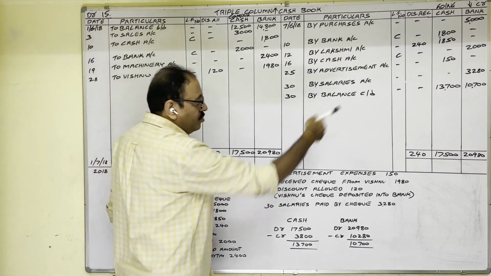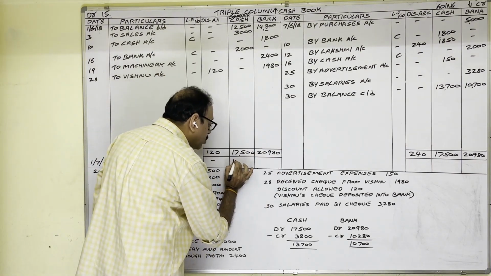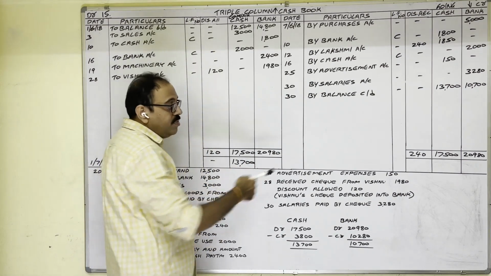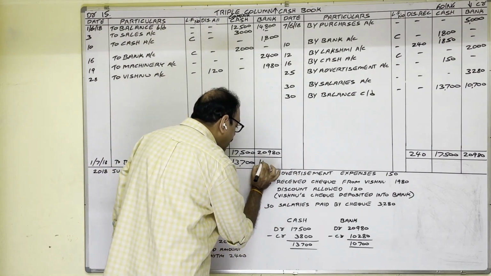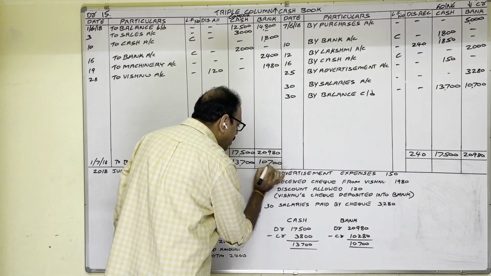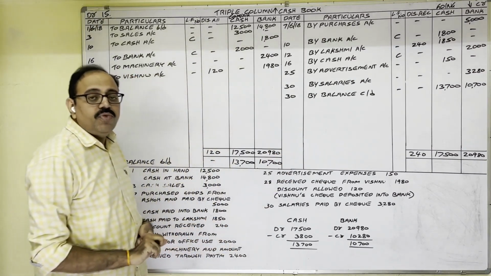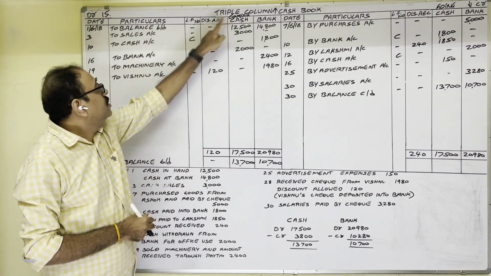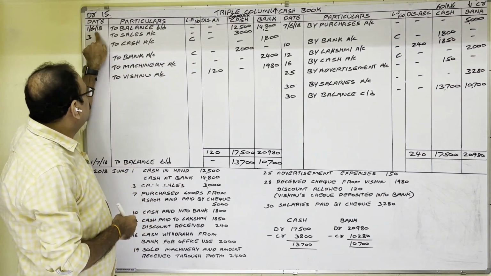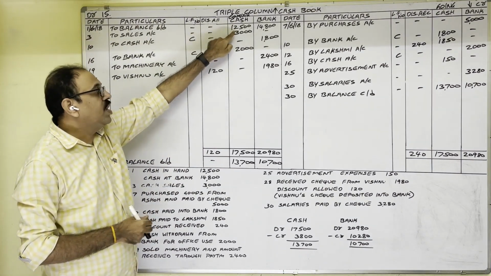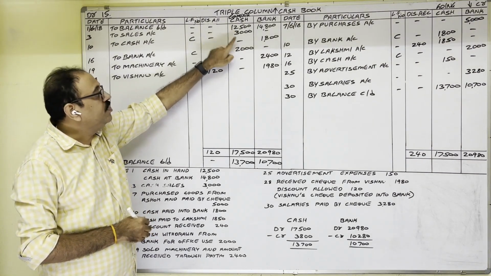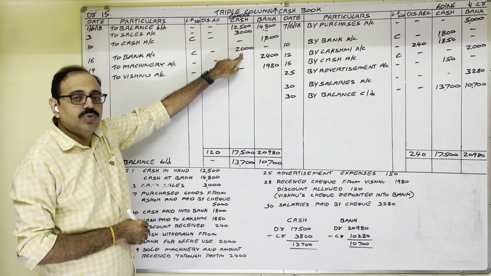In the cash column, the balance carried down amount is 13,700. In the bank column, the balance carried down amount is 10,700. So what is the meaning of these answers? Cash on 1st June, with us 12,500 cash is there. In June month, the firm received 3,000 and 2,000.